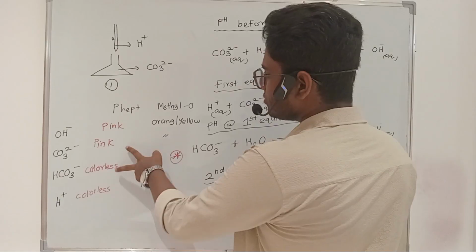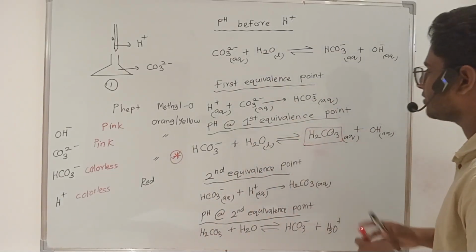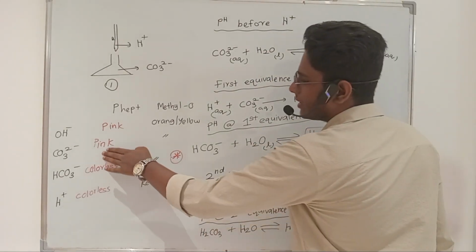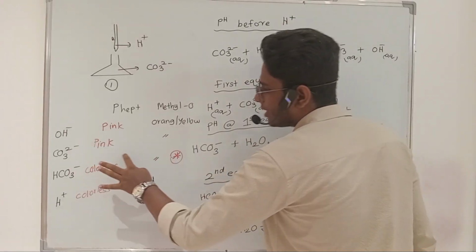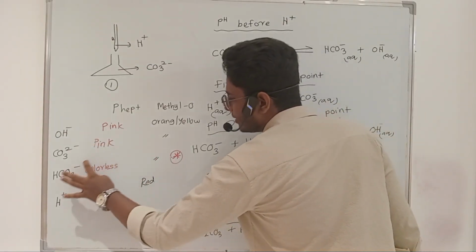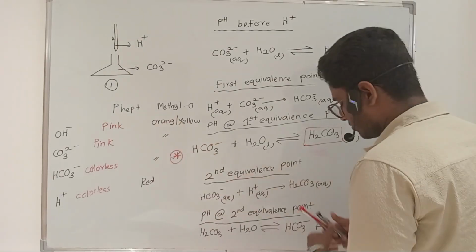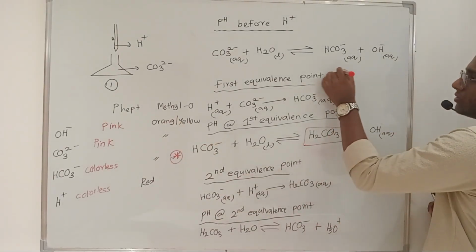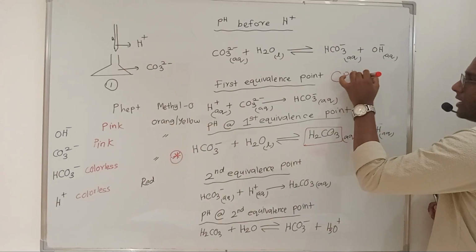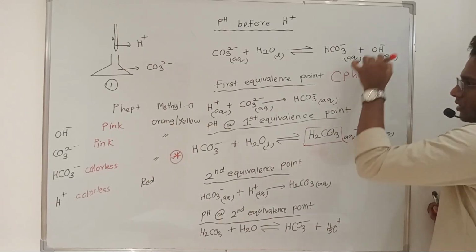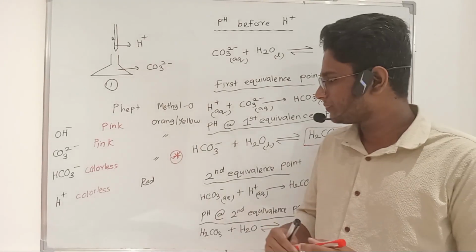So you can use phenolphthalein to find the first equivalence point, because when carbonate is present, it will be showing pink color, and when bicarbonate forms, it will become colorless. So you have to remember this: phenolphthalein indicator can be used to find the first equivalence point, right?